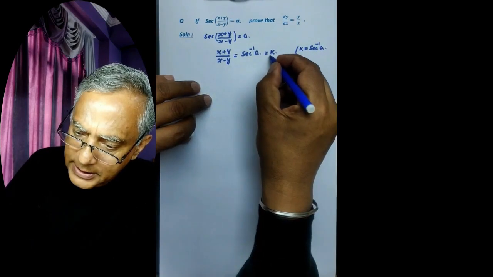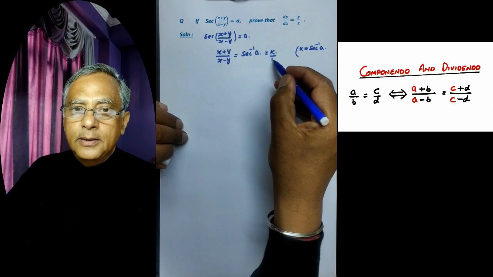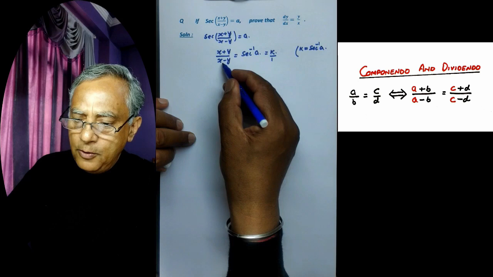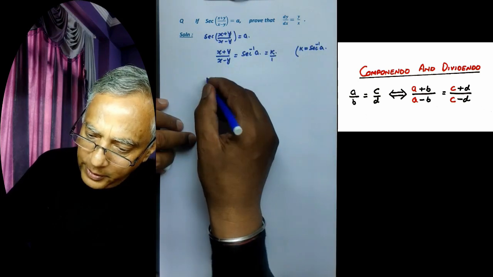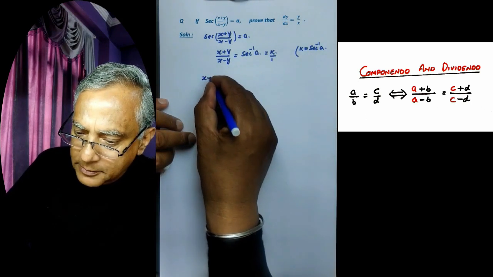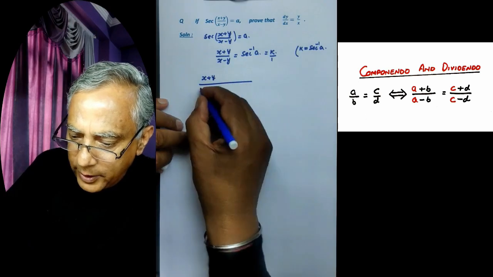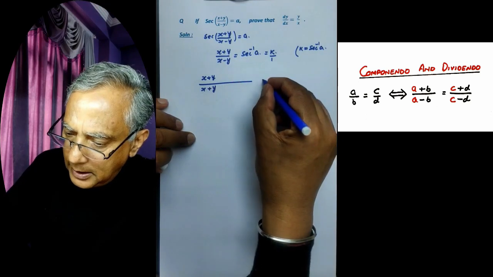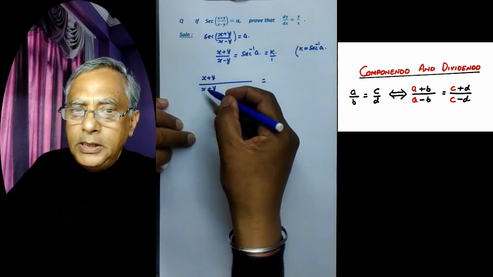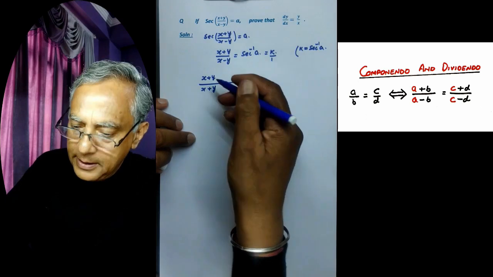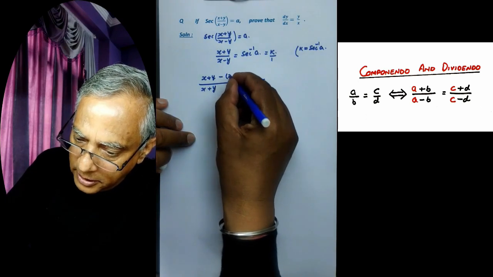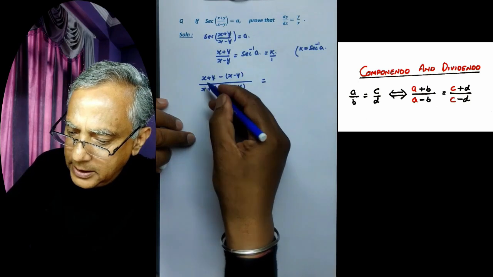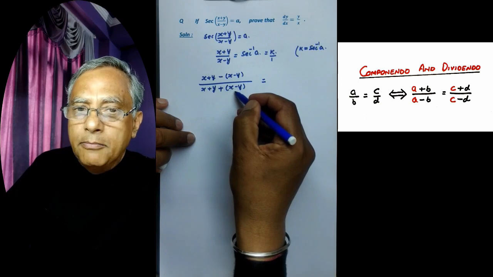Now I can write this k as k over 1. Now we apply componendo and dividendo on both sides. So we will write x plus y over x minus y, numerator on both numerator and denominator. And from here I will subtract the denominator, and here I will add the denominator: numerator minus denominator over numerator plus denominator.